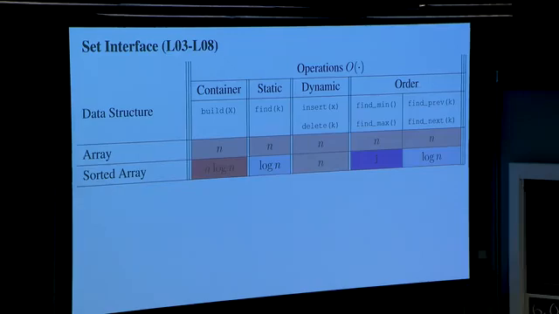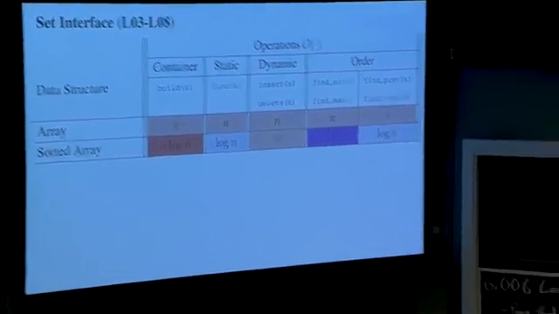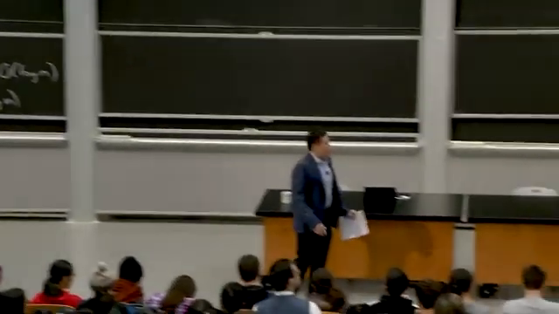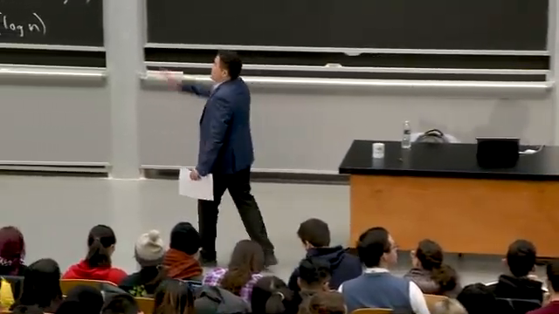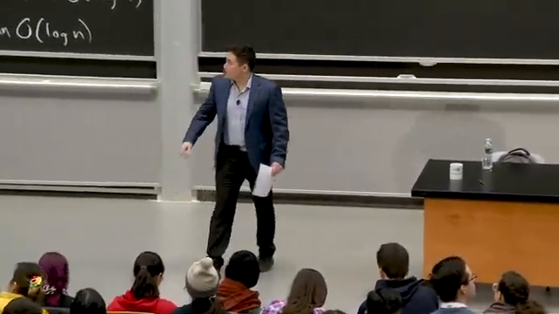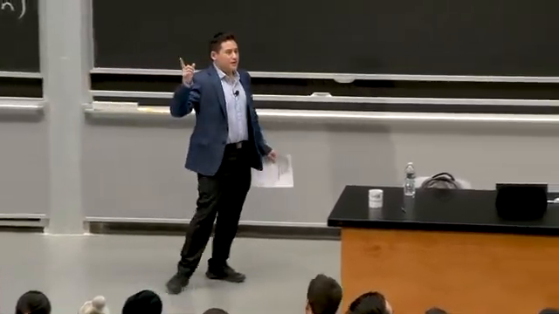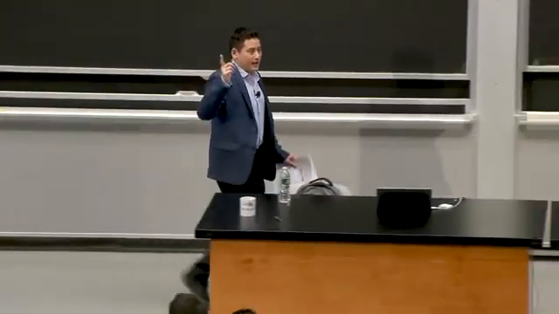And then we saw a slightly better data structure, at least for the find operations. Can I look something up, whether this key is in my set? We can do that faster. We can do that in log n time.